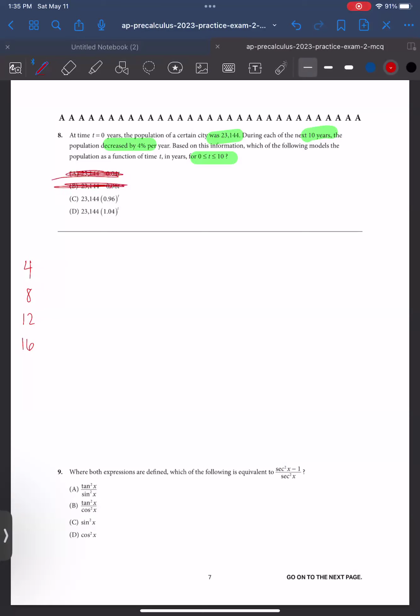And then in order for a function to be decay, remember that b needs to be between 0 and 1. So that's the perfect value for answer C. Wait, explain that.